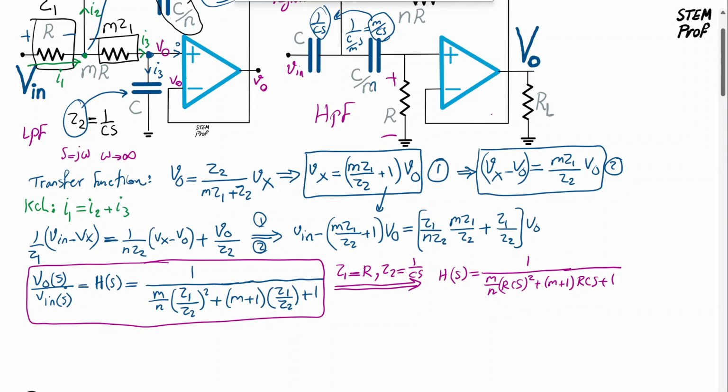The denominator is a second order polynomial in S, and as you can see, when S goes to 0, which means when we set S equal to j omega when omega is 0, indicating DC, this component goes away, this component goes away. What remains is 1 over 1, which means gain of 1. So at DC we have gain of 1, and then when omega goes to infinity, which means then S goes to infinity, then you can see that this term in denominator is the largest one, and therefore denominator goes to infinity absolute value wise, and therefore the whole absolute value of transfer function frequency response goes to 0, indicating low pass filter.